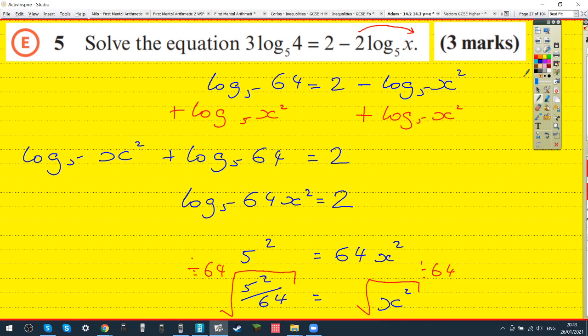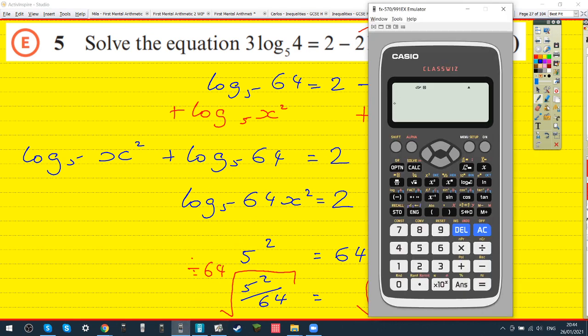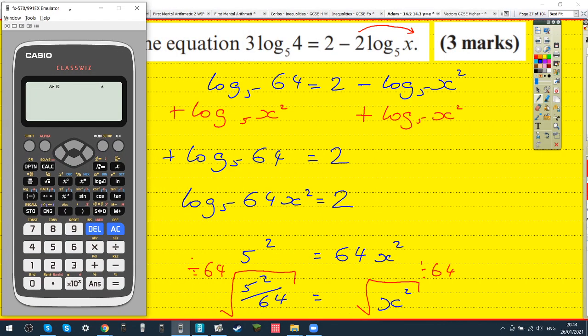I got x as a really long decimal number. What did you put as the square root thing? I put square root 5 squared over 64 equals x squared. I said square root everything. Oh, everything. Oops. You basically square root both sides.